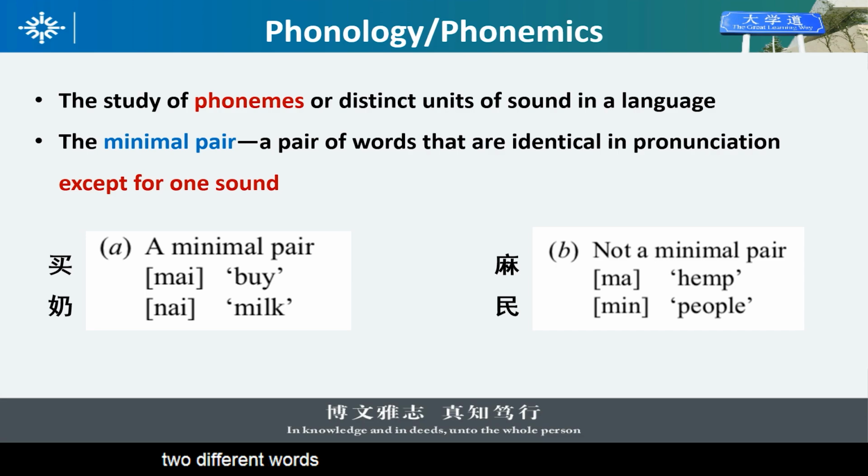They show 2 different words. You can easily understand that if you speak Standard Chinese. So in Standard Chinese, they must be differentiated into 2 phonemes. By such evidence, we can differentiate m from n. So they are a minimal pair.